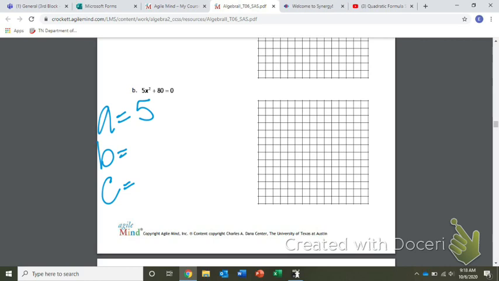Do you even have an x term? Like, do you see an x? Just the x? No. So when it is completely missing, it is not even included, that term will be 0. Okay? Our constant term, however, is still there. So it's 80. So, you do B on your own.